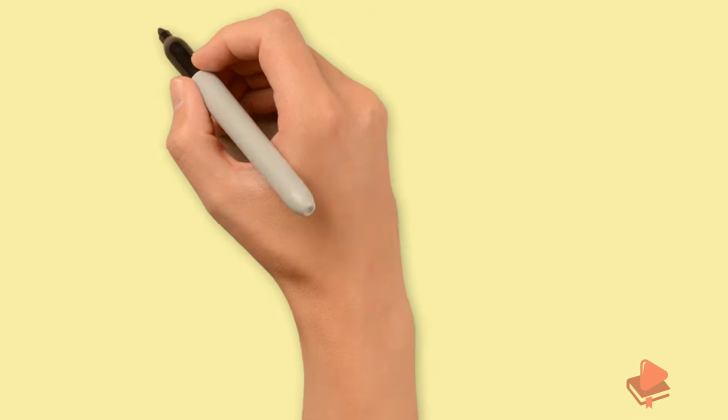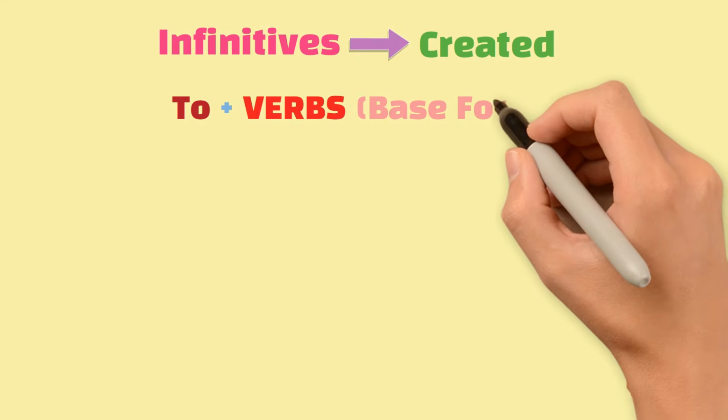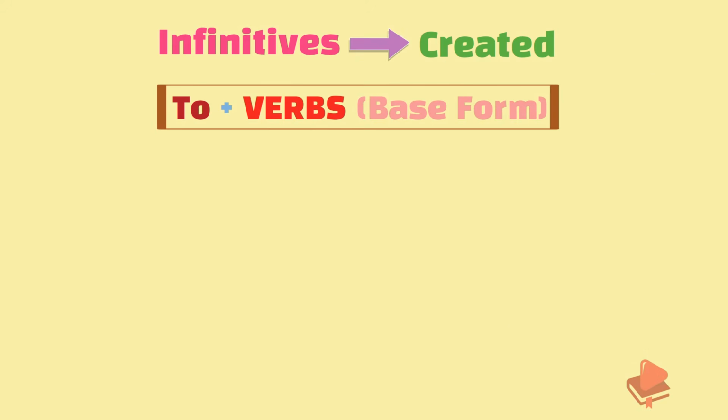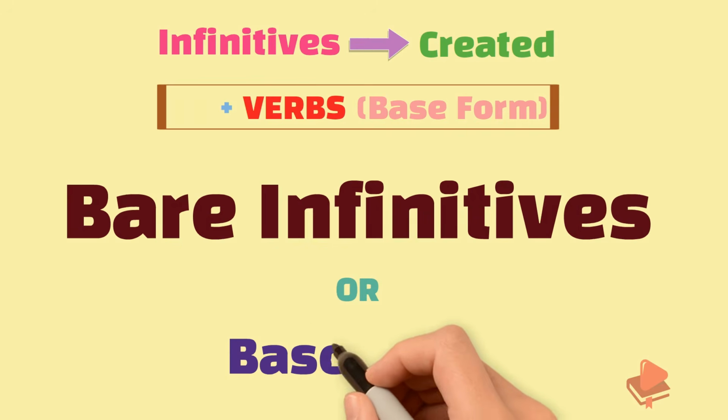Let's see some more examples related to infinitives. We know that infinitives are created by adding to the verb's base form. That means most infinitive structures begin with to, but sometimes the to is omitted, and this is known as the bare infinitive or the base form.